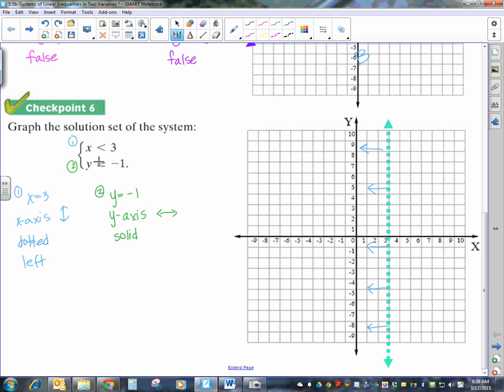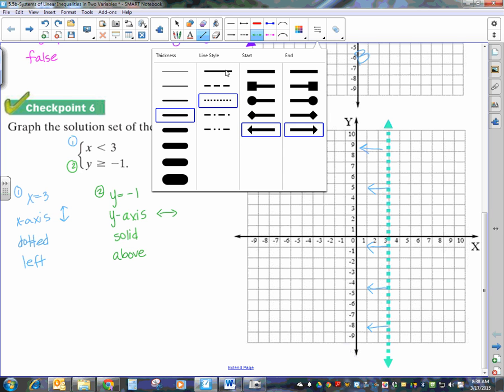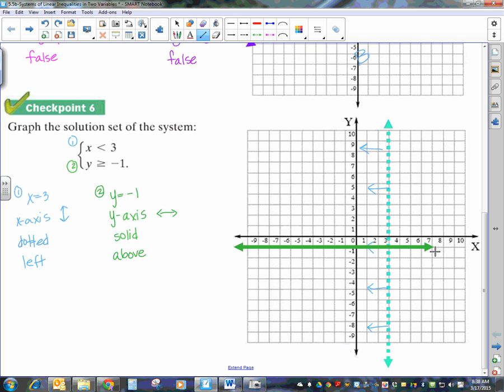And so if it's horizontal, this is a greater than symbol, so I'm going to go up or above, whichever way you want to think about that. So we graph that. y equals -1, but it's supposed to be solid. So let's go change that to a solid line. And as we said, we're going to shade above it.